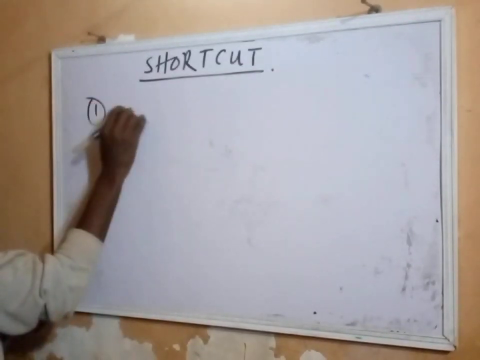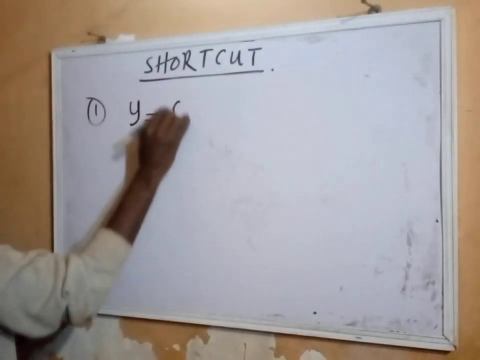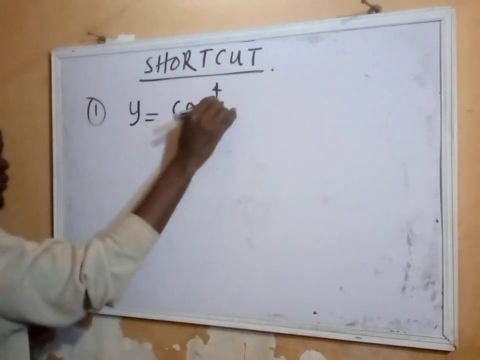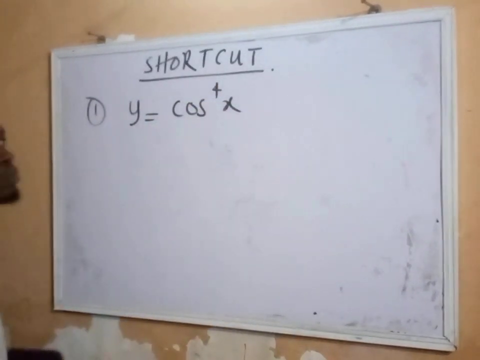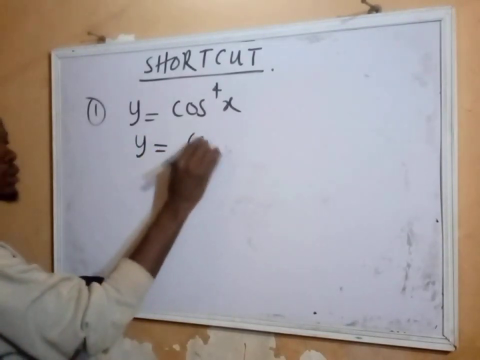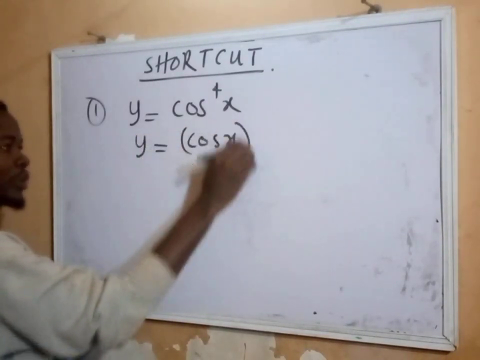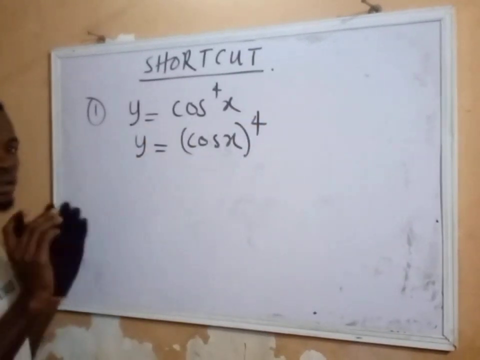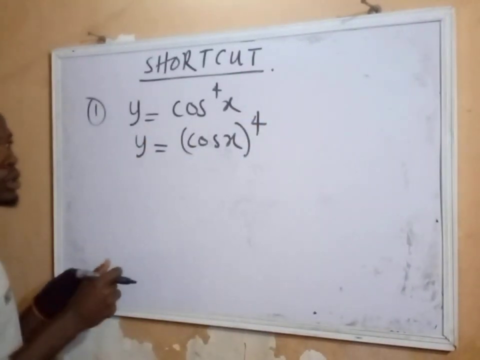Suppose you have y equals cos raised to the power 4 of x. The first thing you are going to do is rewrite this as cos x raised to the power of 4. Okay, let's start, guys.